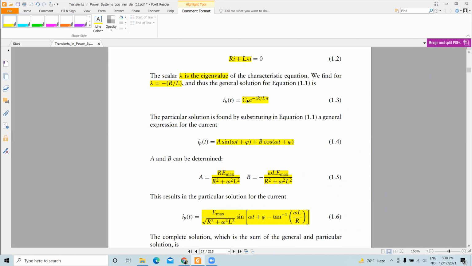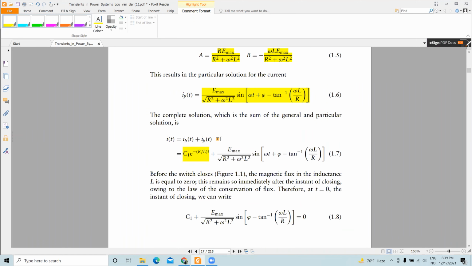As you can see, this is c1 e to the power minus r by l t. And after a certain time, this one goes down, right? This is exponentially decaying, e to the power minus. And you have a certain part, which is basically sine of something. That means it's oscillating, so it's not decaying.